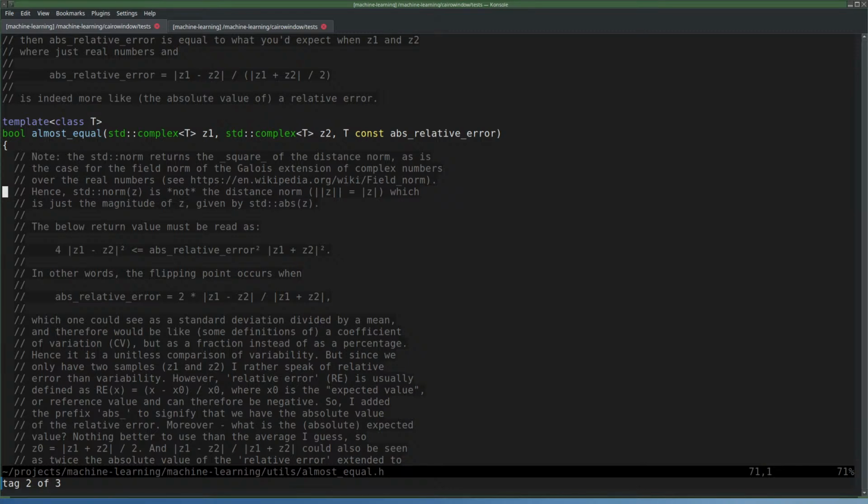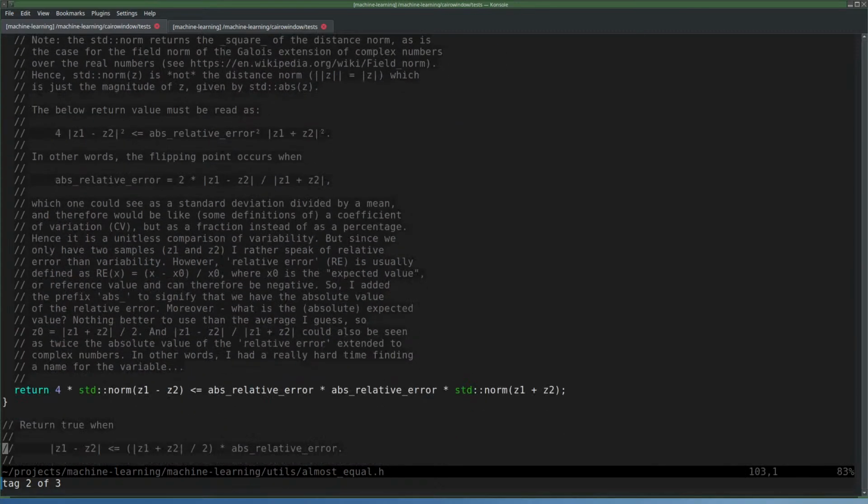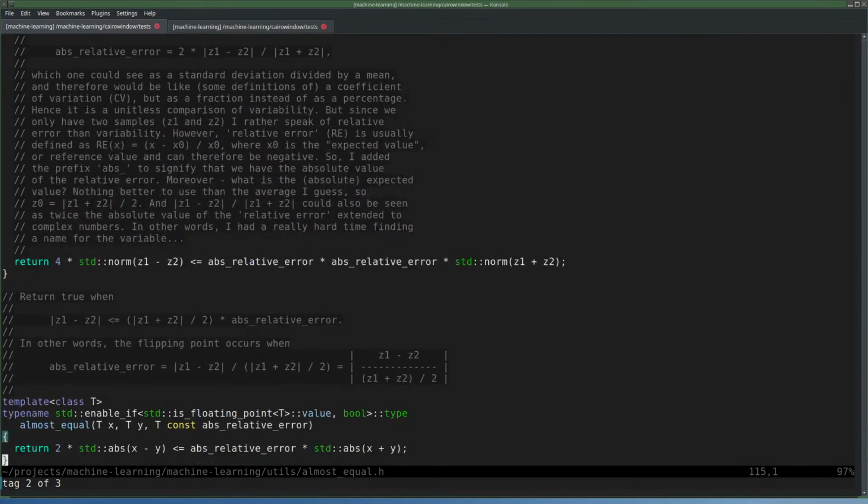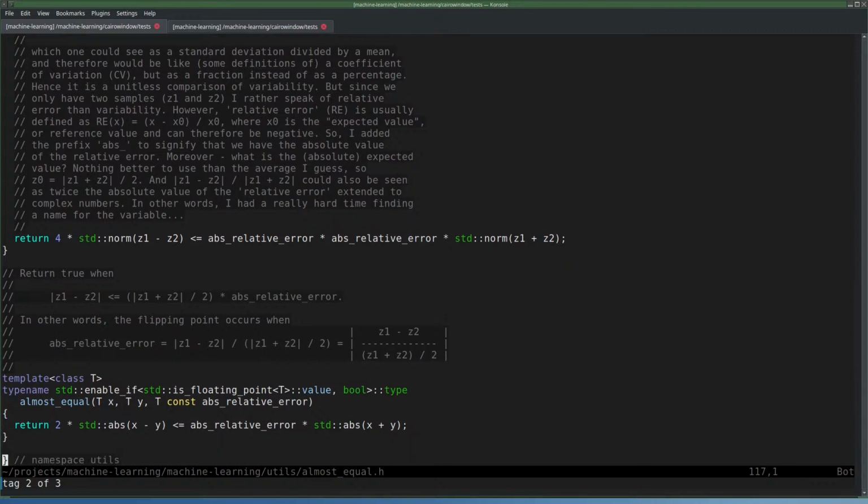Hence, std norm is not the distance. So norm is sometimes used for the square. Yeah, if there's a standard norm that is a square, I don't know. Okay, that's a norm of complex numbers, so it's slightly different for a vector maybe.